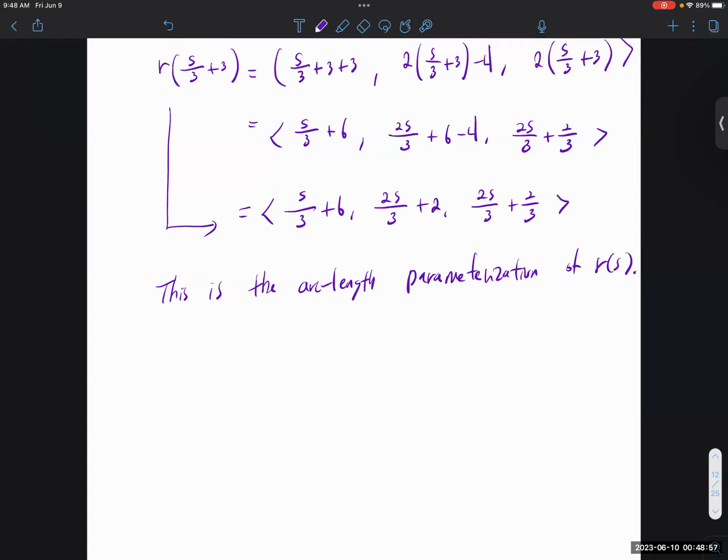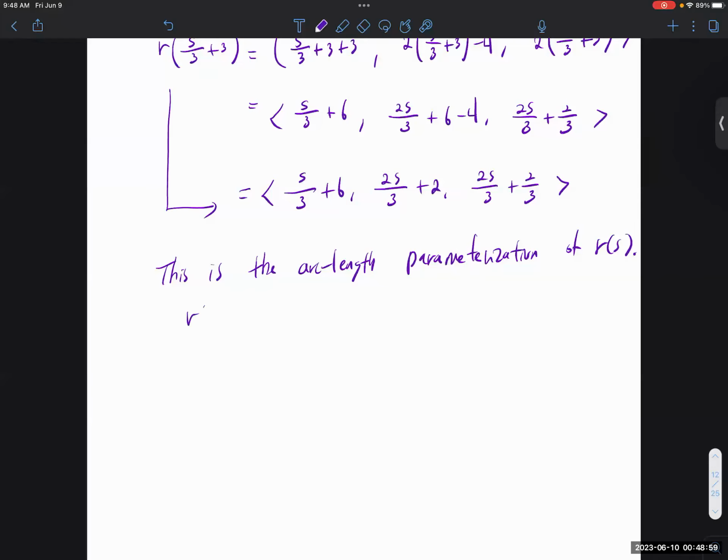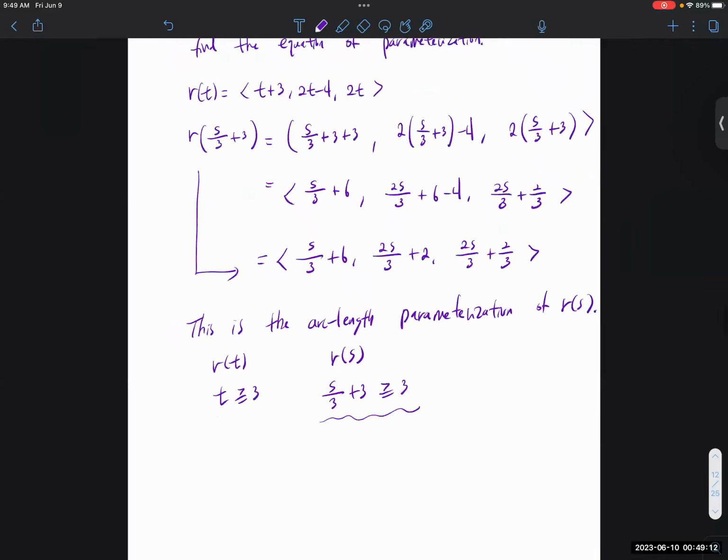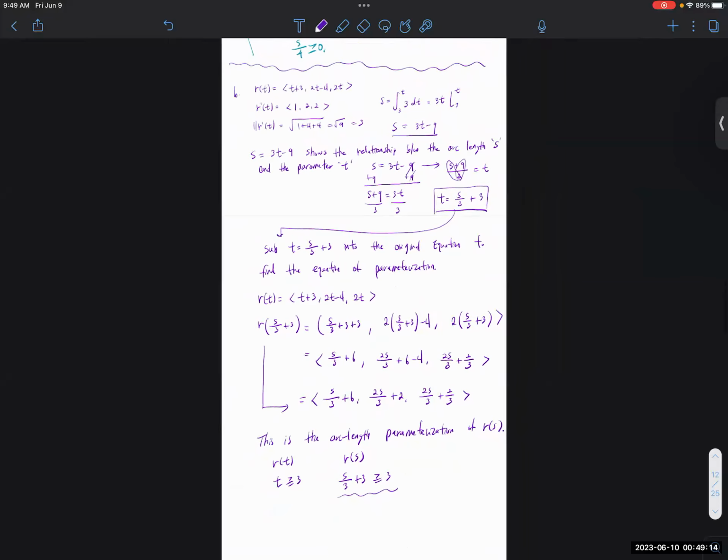Now in terms of s, s over 3 plus 3 is greater than 3. So that's how you explain the parameterization equation in terms of s. Okay, so that's something I wanted to talk about. I'm going to keep going because we have a lot of things to talk about.